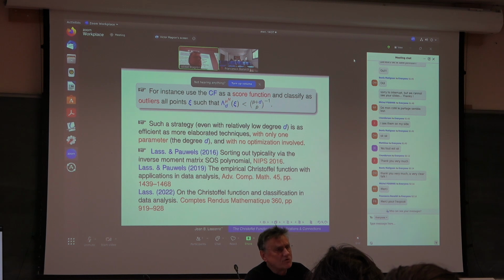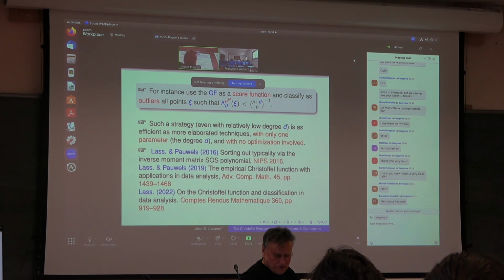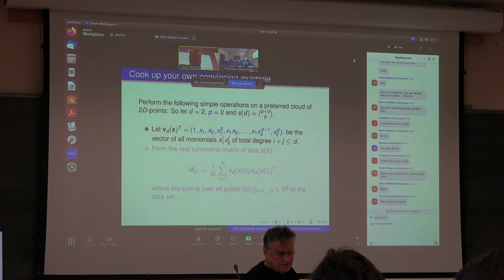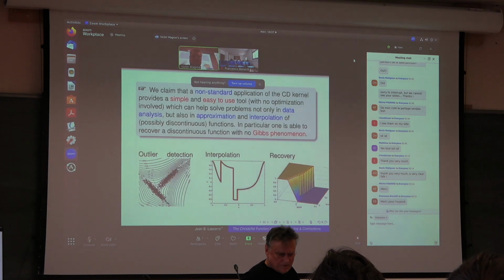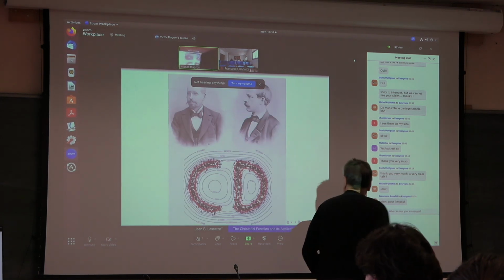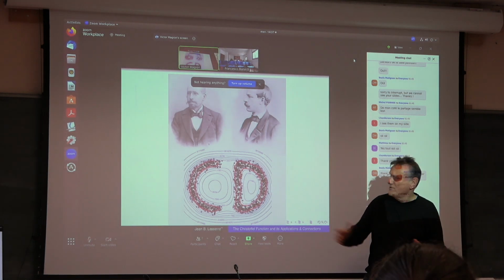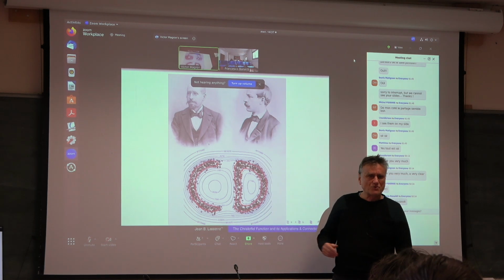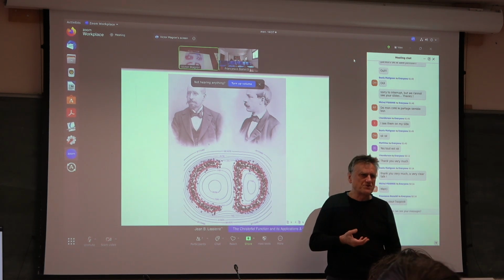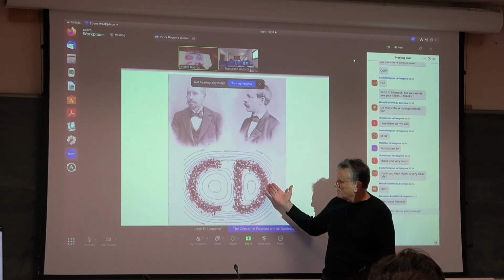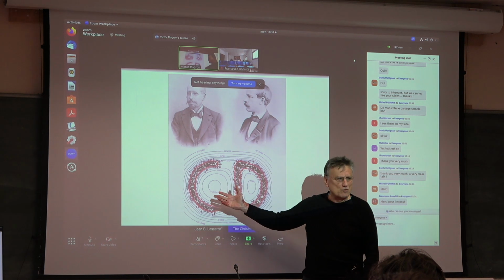For example, detect outliers. Okay, how would you detect outliers? Suppose you have a bunch of data in your data analysis problem. You have a cloud of points, and of course you would like to detect which points are outliers. So for example, you clearly see that if you take a point here, it should be an outlier.